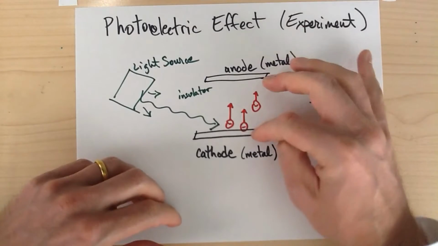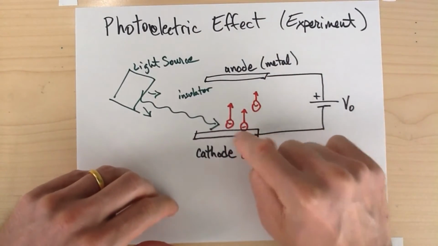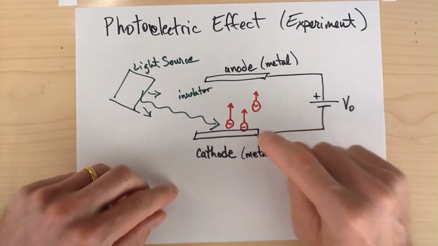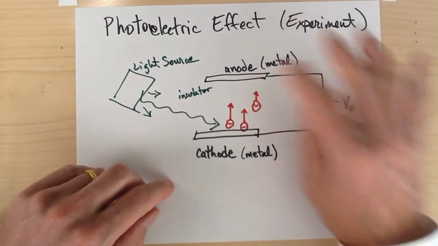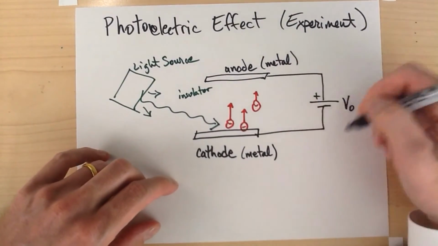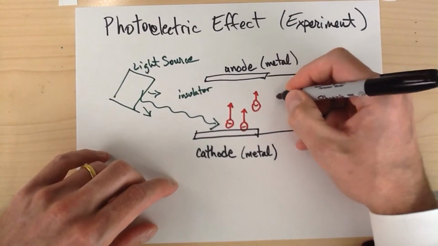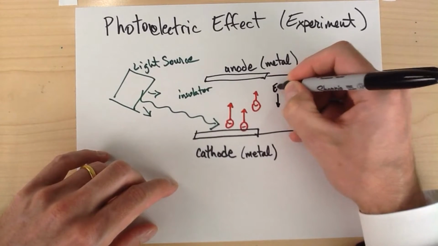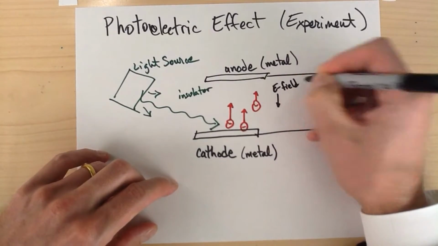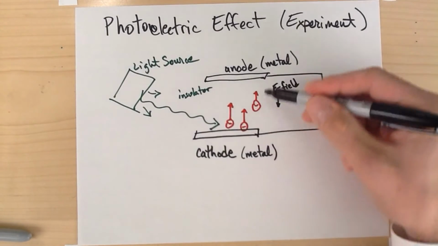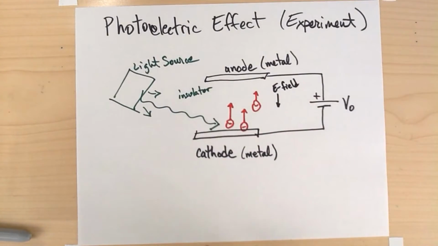Now, why would they? We just talked about the ionization energy, so we know why they might leave the cathode, but what would draw them up toward the anode? Well, that's pretty simple. If we have this situation, then we know that we have an electric field, right? Just by the geometry of this. If we have a potential difference here, then that's going to set up an electric field.